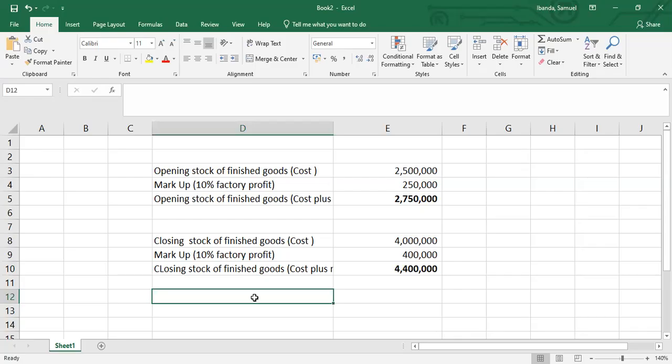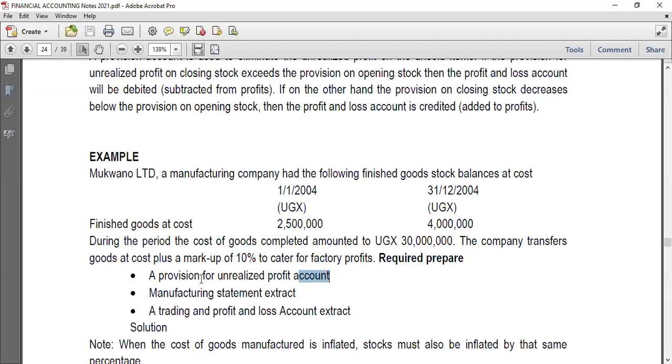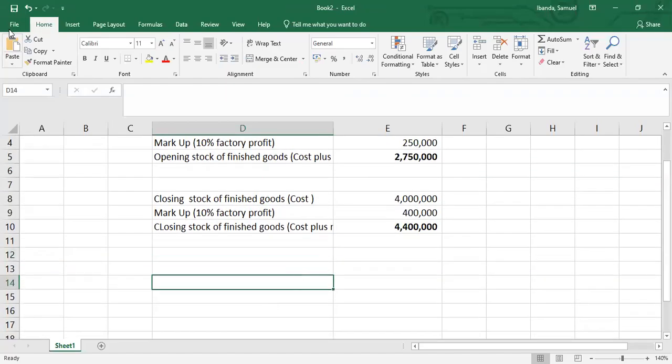So once we have that, they want us to draw up a provision for unrealized profits account, okay? So let's come here and say this is Mukwano Limited.